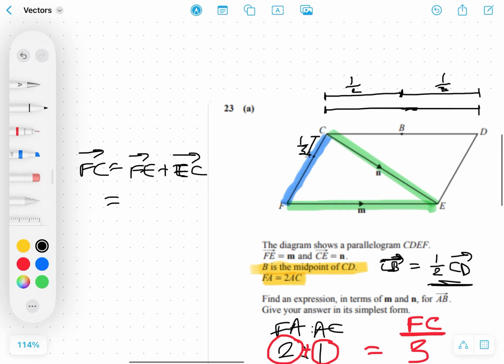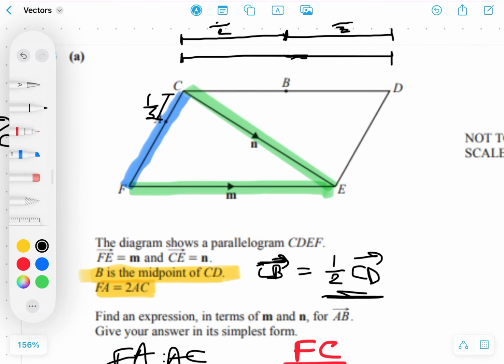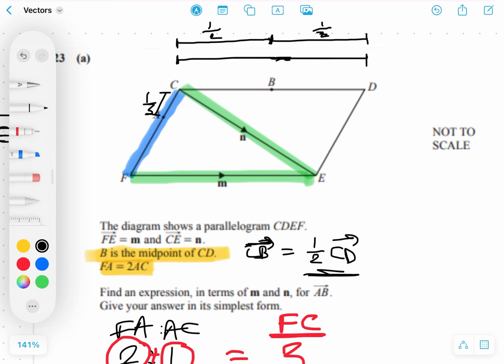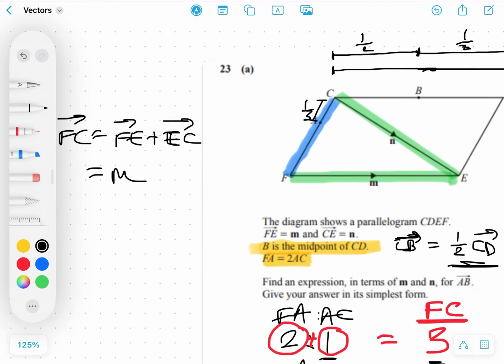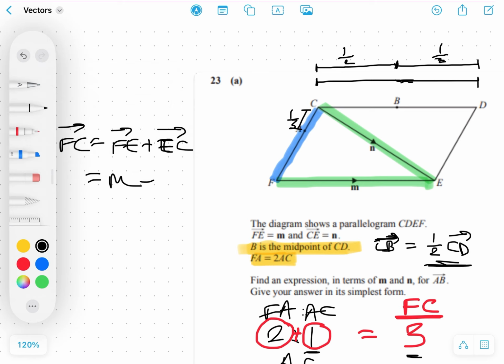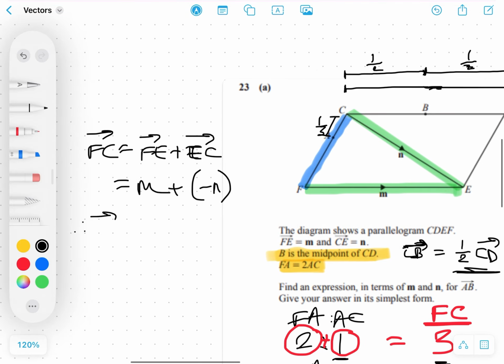And we know that F to E is m, and that's given to us. And now EC, well, we know that C to E is n, that's given to us. So if we want to go in the opposite direction of E to C, the vector would be -n. That's a rule about vectors. For example, we know that F to E is m, but if we're going from E to F, that would be negative m. So therefore, E to C is negative n. So therefore, FC is equal to m minus n.